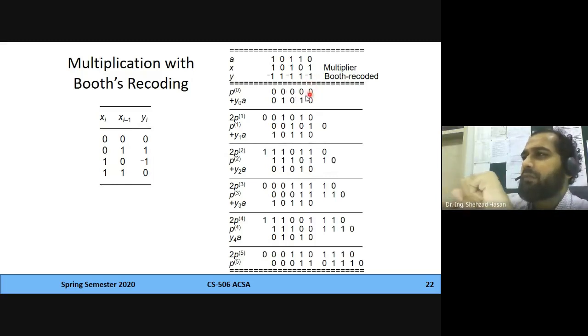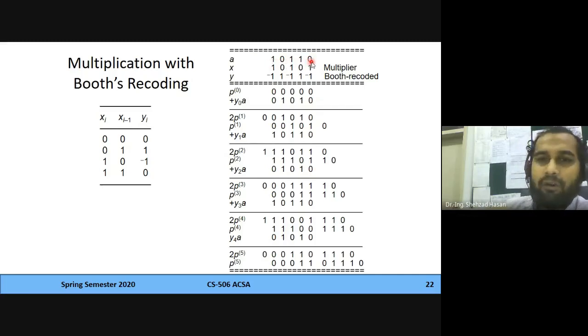Okay, so again we are going to start with the first product as 0, right? Now we are going to look at the Booth recoded form. If it's minus 1, you're going to do subtraction, which is addition of the 2's complement form of A. This is actually minus 10, and the 2's complement form is 10, or you can compute it separately.